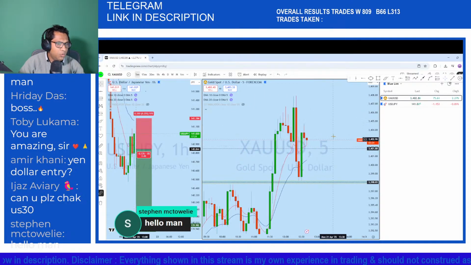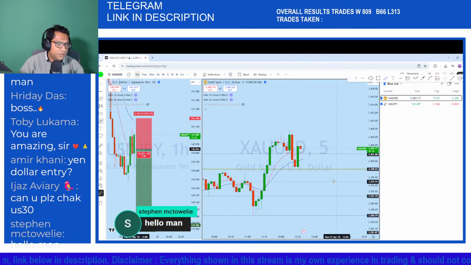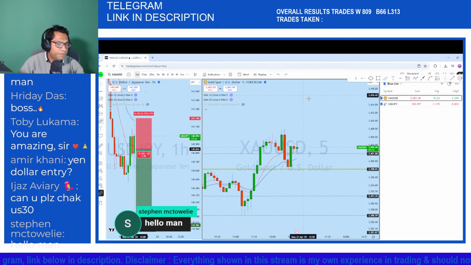So locally we can see here is a narrow pullback and it's a support level.